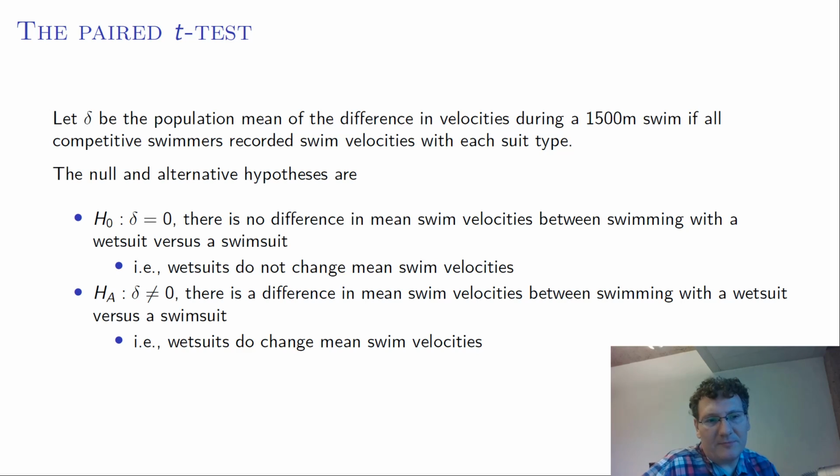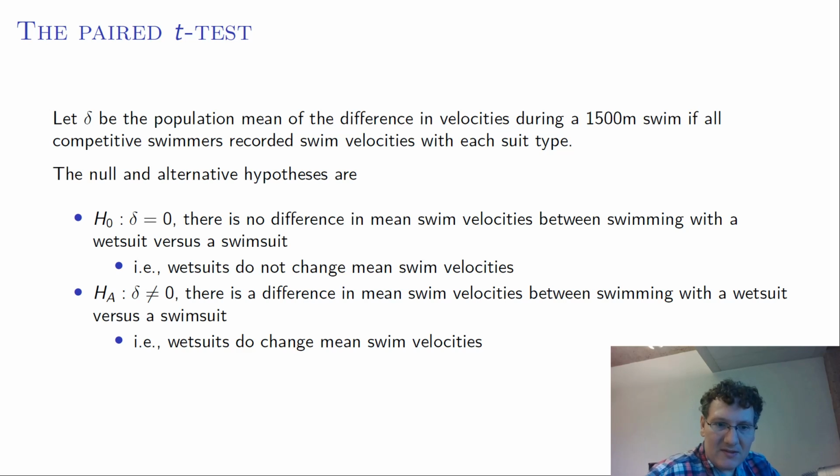Delta is the mean from one population, like the average velocity for the wetsuits, minus the average velocity for the regular swimsuits. So if there's no significant difference in the average velocity, that would be delta equals 0.